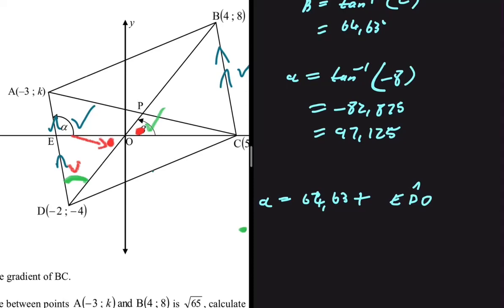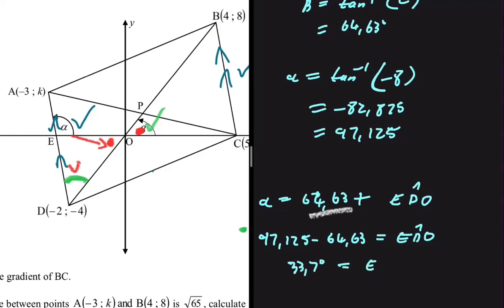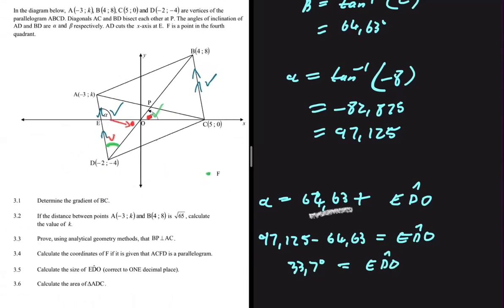So let's take 64.63 to the left hand side. We're going to get 97.125 minus 64.63 being equal to EDO. If you put that in your calculator, you should get 33.7 being equal to EDO.